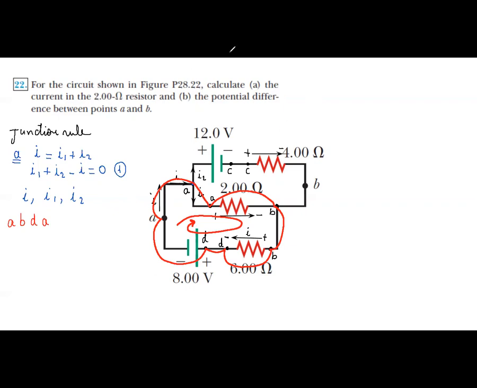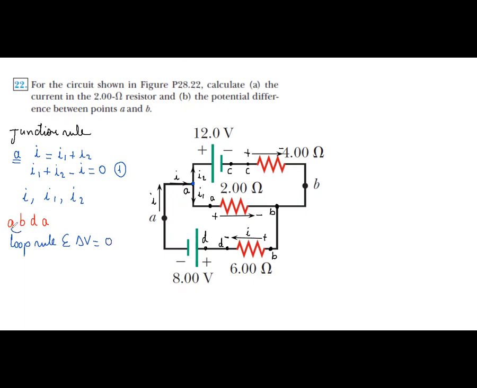In this case, as you see, the loop rule: the summation of delta V equals 0.